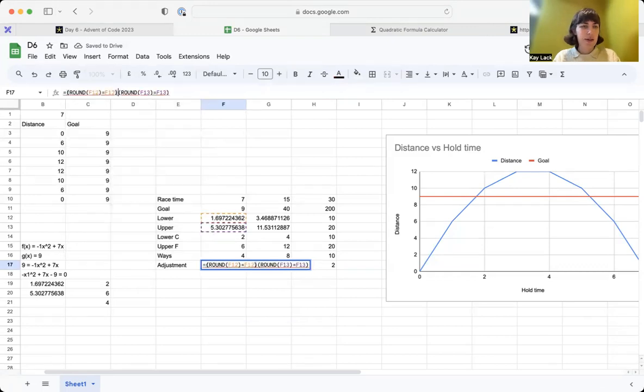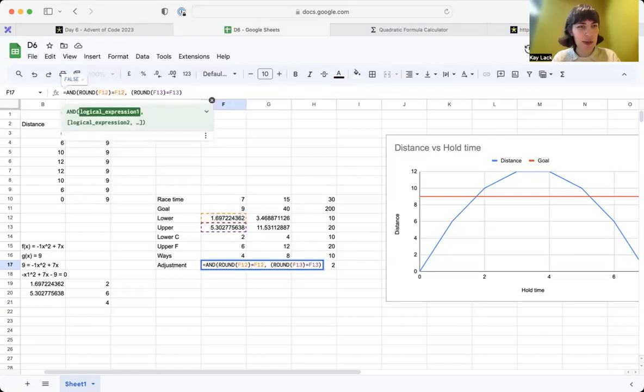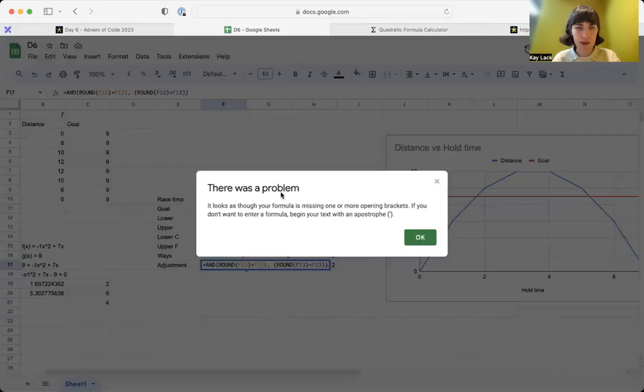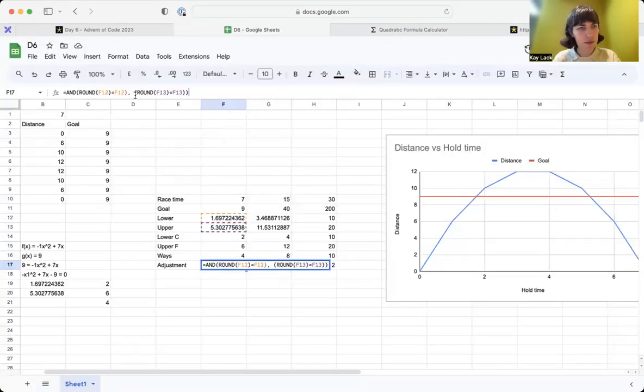Let's try it with and. I should never have done it this way. I should never have let myself be tempted into this. I can't even figure out my own formula.